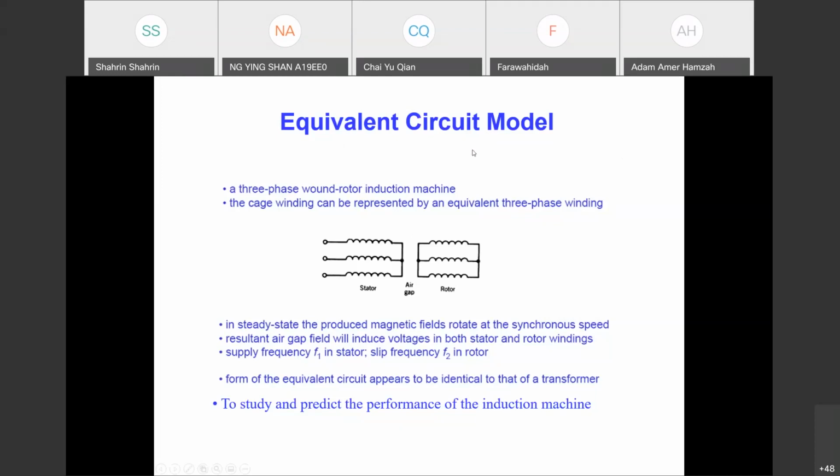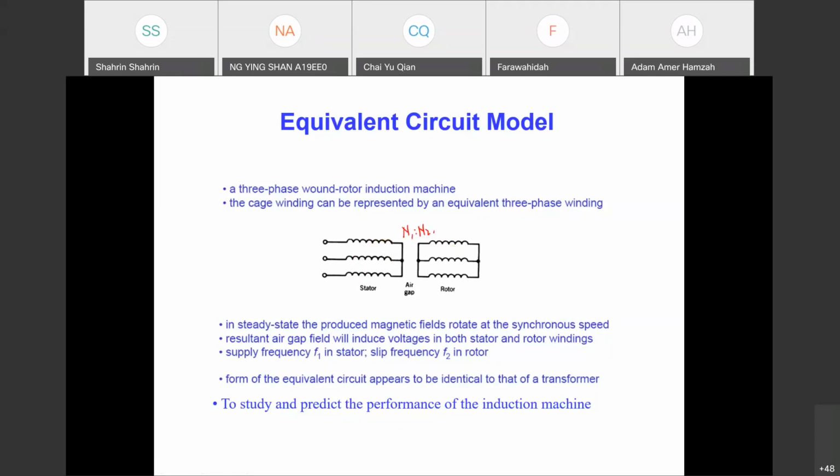And since we have stator and rotor, and then the air gap, and the number of windings N1 versus N2, this is similar to the transformer. So the per-phase equivalent circuit is also equal to the transformer.